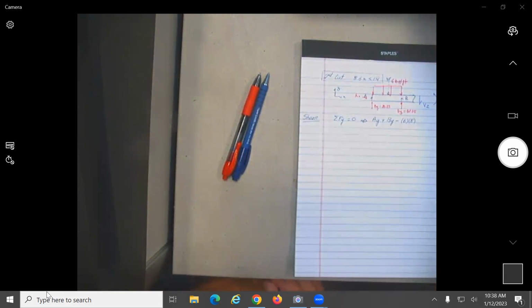What else am I missing here? Probably the most important thing. Minus V2 equal to 0.